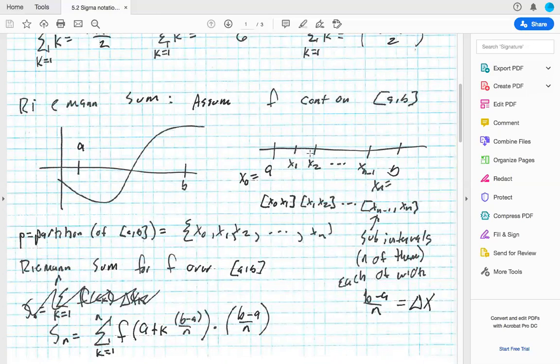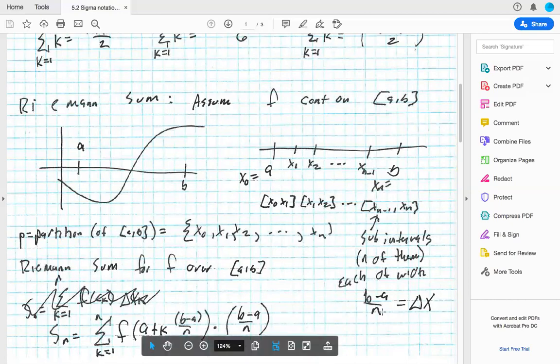If we move another little delta x over, that's our x sub 2. If we move another little delta x over, that'd be our x sub 3, and so on and so forth, all the way up to b, where b equals x sub n. Because if you think about this, we're having n total rectangles. If we start at 0, that would be 1, 2, 3, keep counting, and we'd have n total rectangles there.